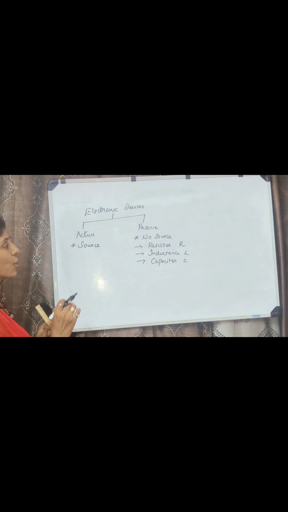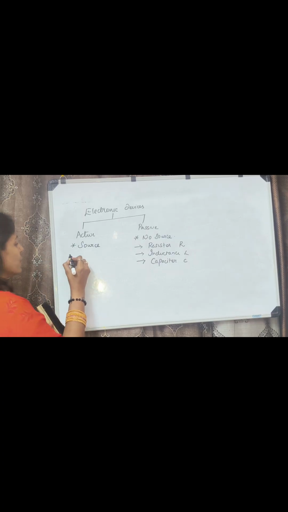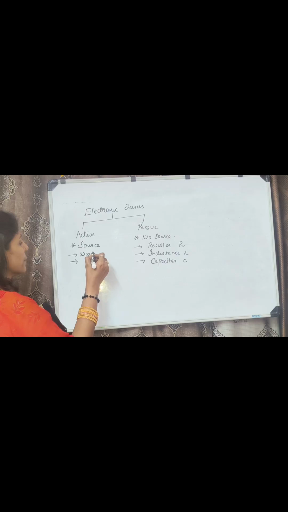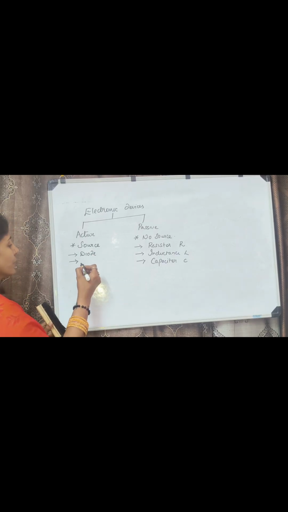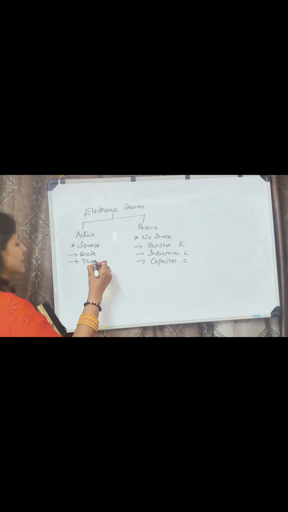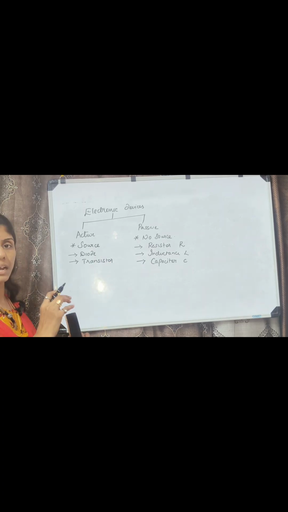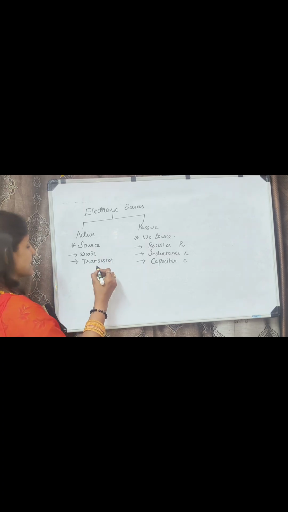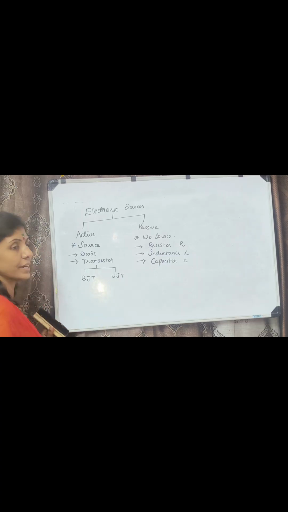Next is the active component. An active component is a source. As a basic example, I will take the diode and the transistor. The transistor can be classified into two types: one is the BJT and the other is the UJT.